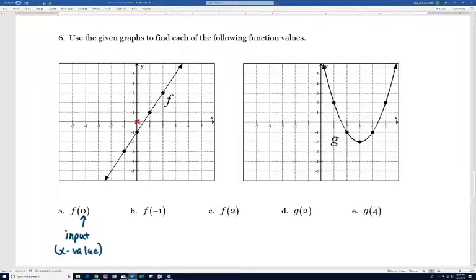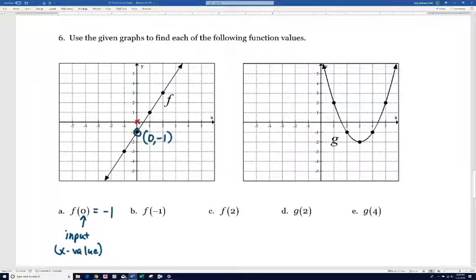So notice x is 0 right here where I put this little red x. And if you look on our graph, the point that has an x value of 0 is the point 0, -1. And so if my input is 0 on this function, the output is -1.